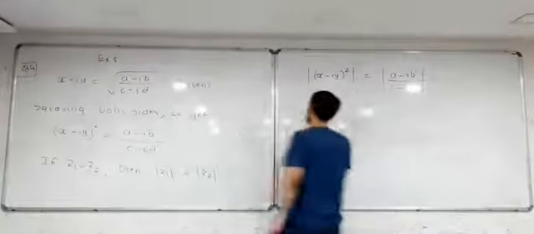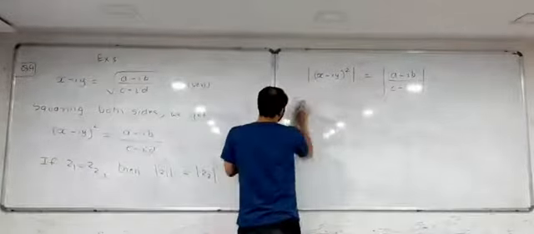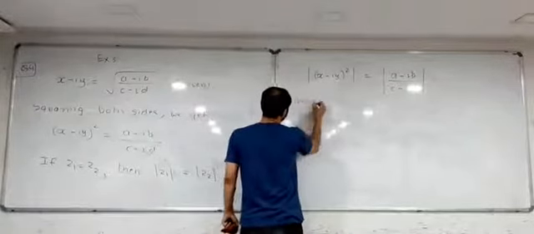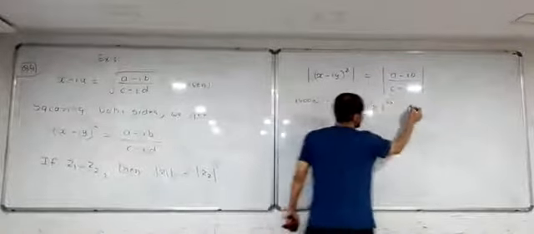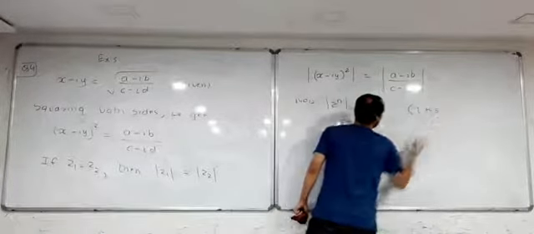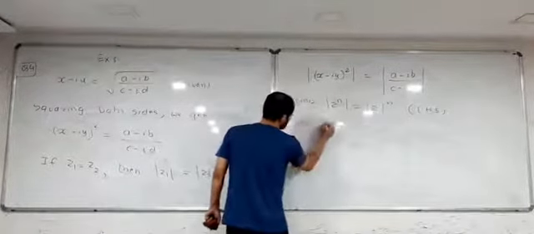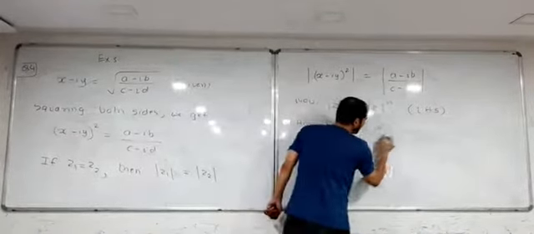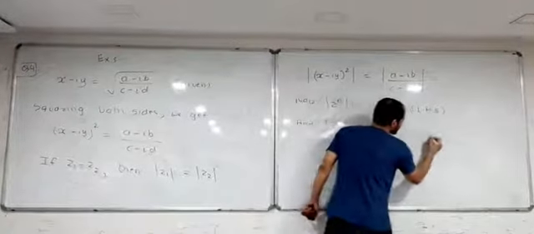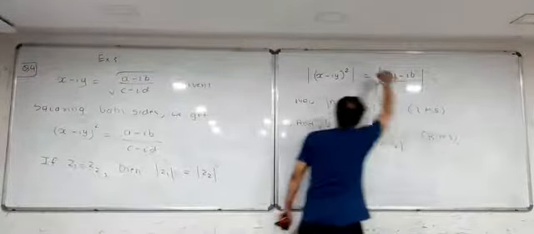Now on the left side, what to do? Mod of z raised to n is mod z whole raised to n. This is to be applied in the LHS. And modulus of z1 upon z2 is modulus of z1 upon modulus of z2. This is to be applied in the RHS.